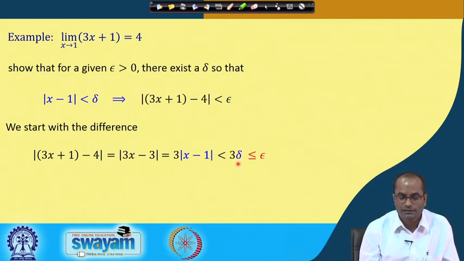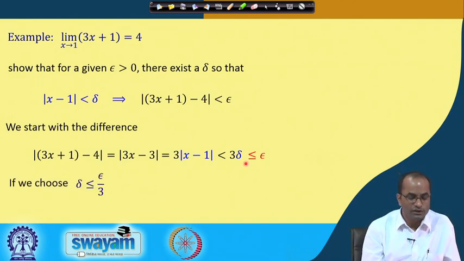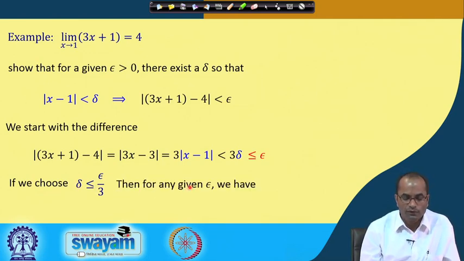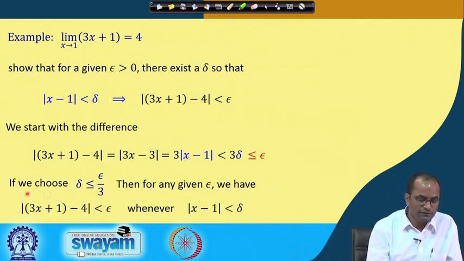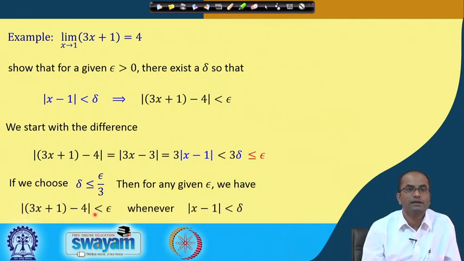So, what is the relation? The relation is 3 delta less than or equal to epsilon. So, if for given epsilon we choose delta less than or equal to epsilon by 3, then the difference between 3x plus 1 and 4 is less than epsilon, which we have just seen here.